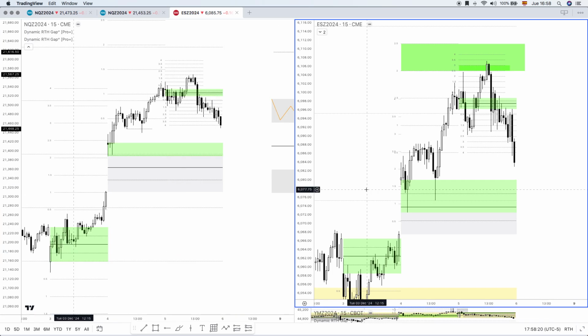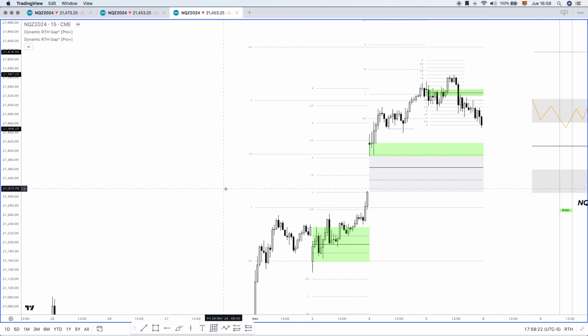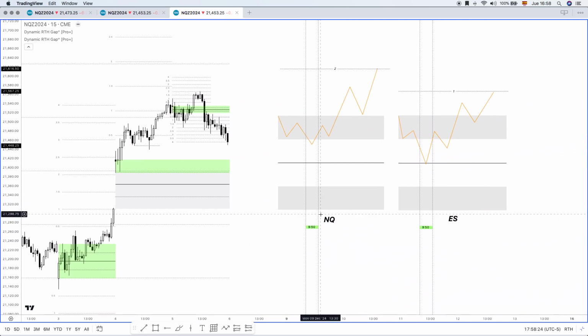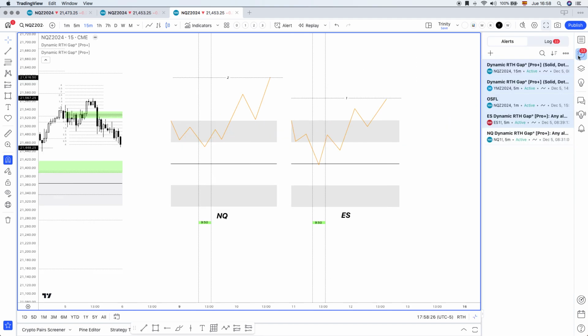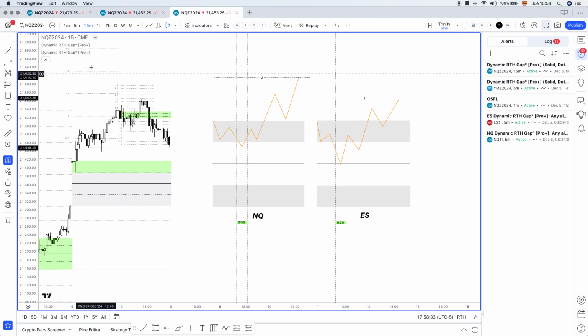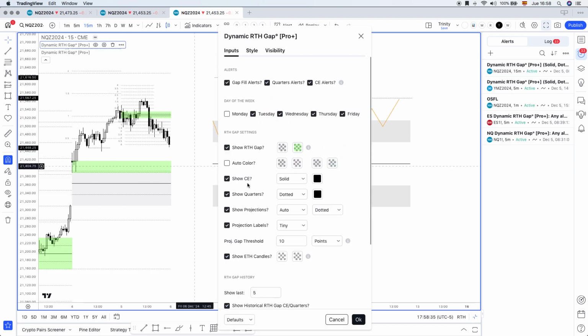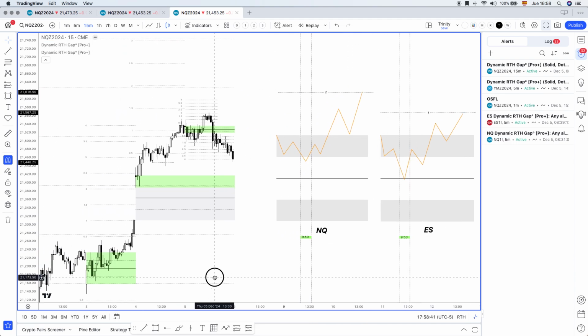So how can you make this easier for you? Well, I have here my alerts, my logs. I have the alarms on here: gap fills, quarters, and consequent encroachment alerts. So it's really easy.